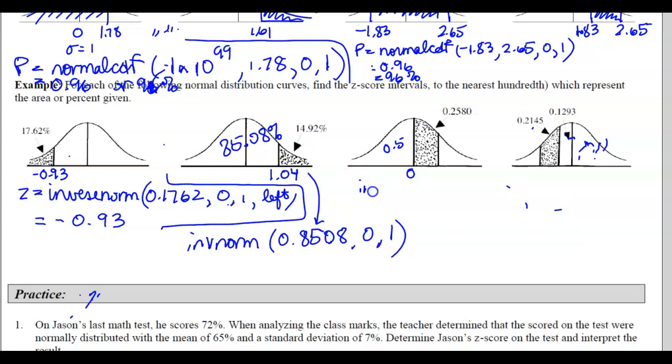This is going to be inverse norm 0.7580. Okay, so do that in your calculator.